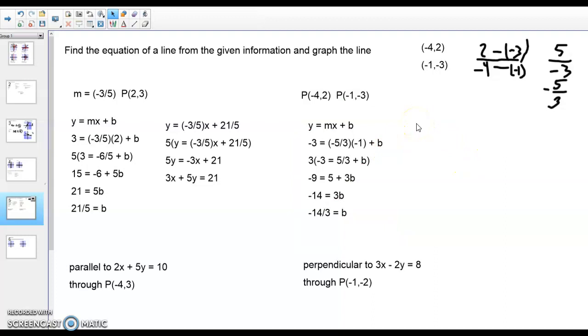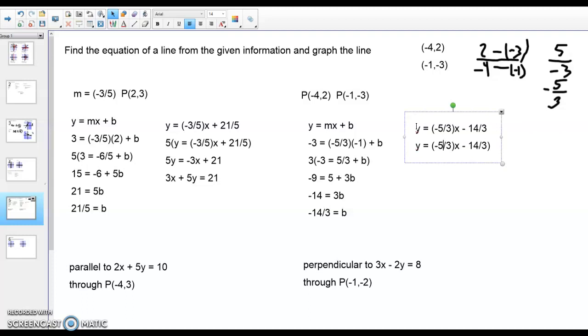So now, y equals negative 5/3 x minus 14/3. And that's the y equals mx plus b form.